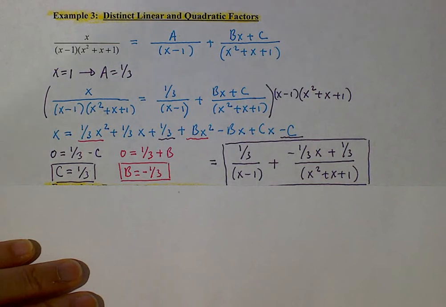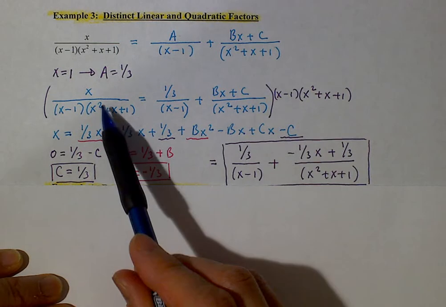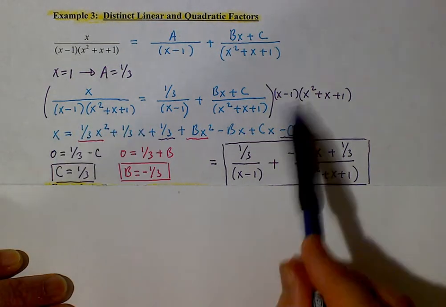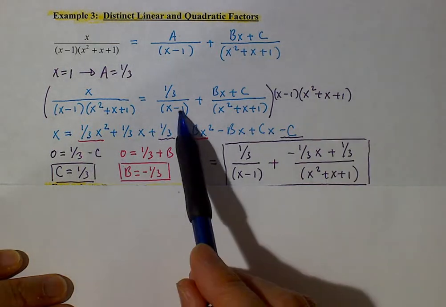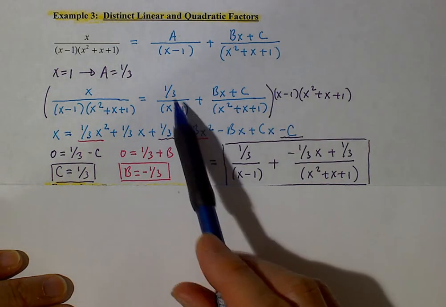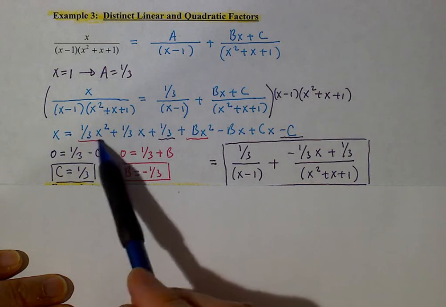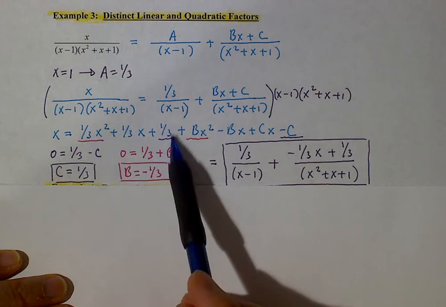Okay, so now I'm going to distribute this to every single term. So this times this gives me x, because this denominator and this will just cancel out. And then I have this times this. The x minus 1 will cancel out, and so I'm just going to distribute the 1/3 with this. So that gives me a 1/3 x squared plus 1/3 x plus 1/3.